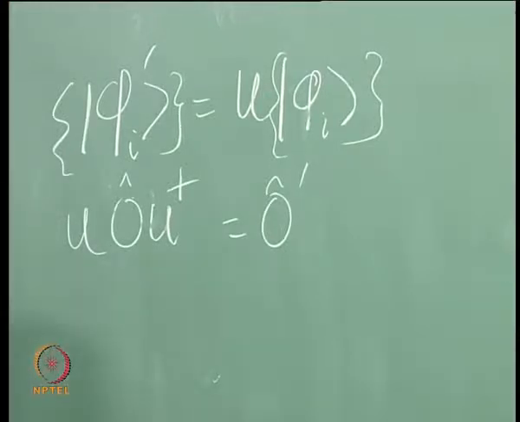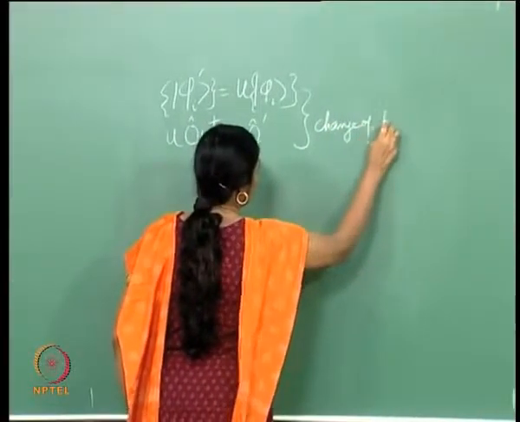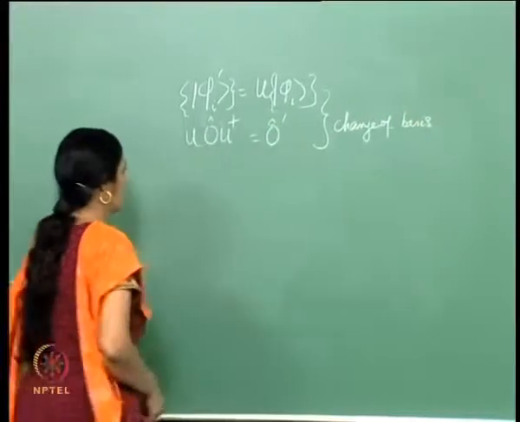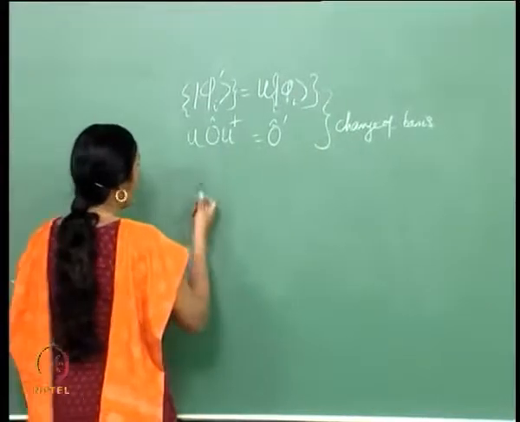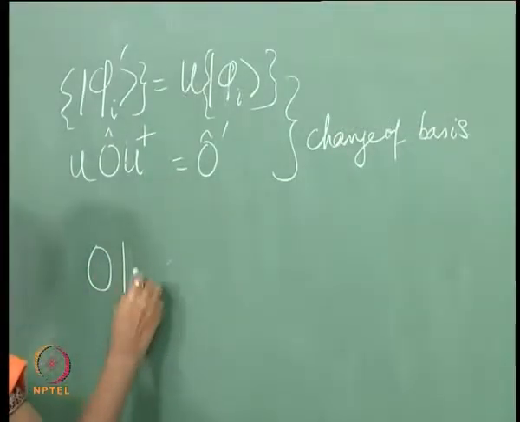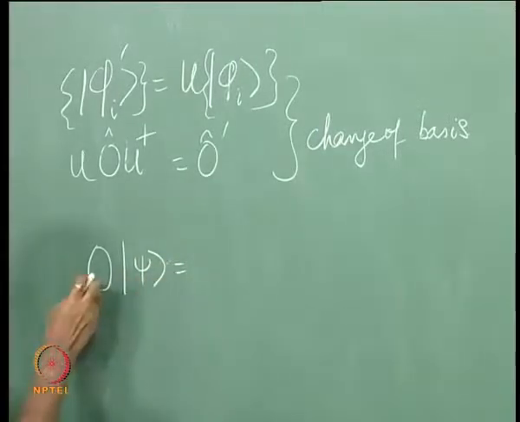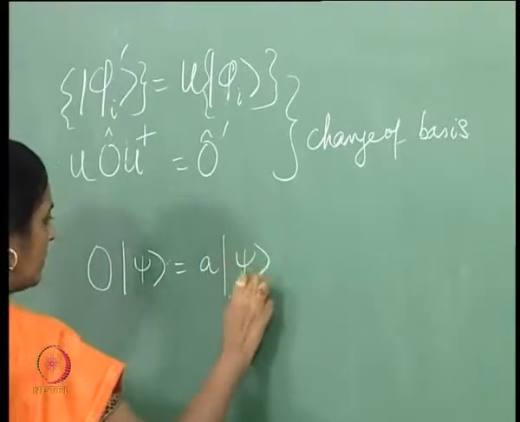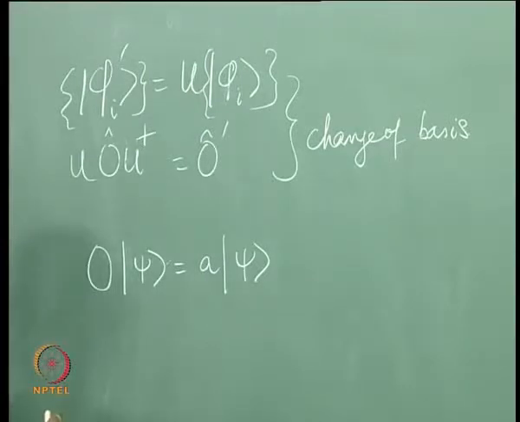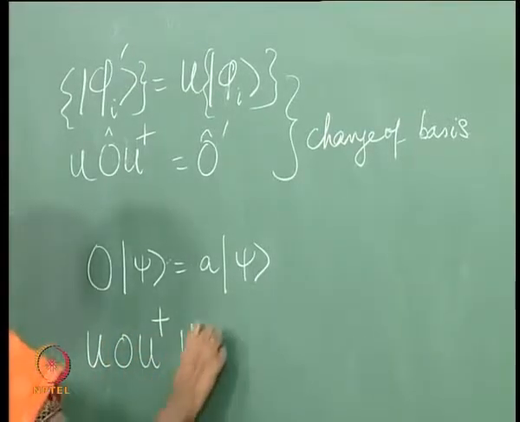Under such a unitary transformation or change of basis, what happens to eigenvalue equations? Suppose in the unprimed basis, ket psi is an eigenstate of some operator O with eigenvalue A. In the primed basis, O goes to u O u dagger and psi goes to u psi.